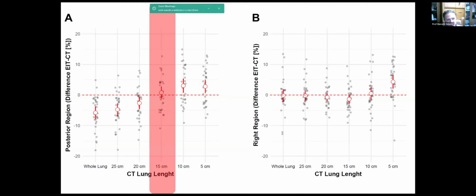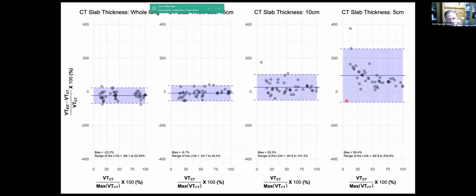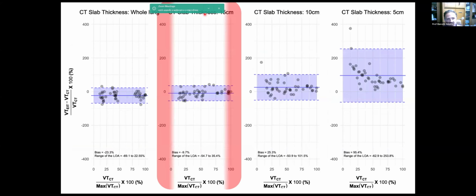And then we can see that the best agreement with EIT is when the slice has 15 centimeters. You understand why this is very important. And this is true when considering ventral to dorsal relationships, right to left relationships. And also in peaks, we compare whole lung, 10 centimeters, 5 centimeters, and 15 centimeters.